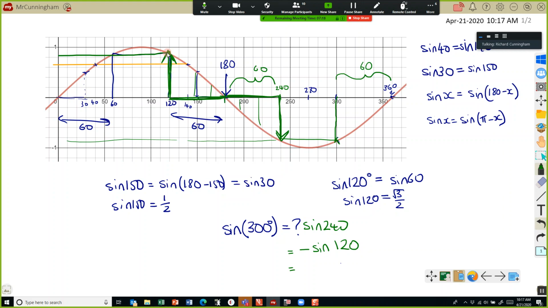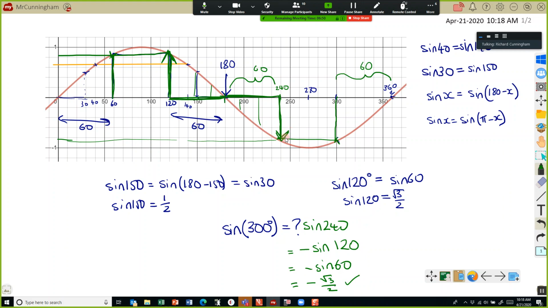To finish it off though, sine 120 is the same as sine 60. And we know that sine 60 is, okay, that's correct. And we're going to have the negative value because it is negative. So our answer is negative root 3 over 2.